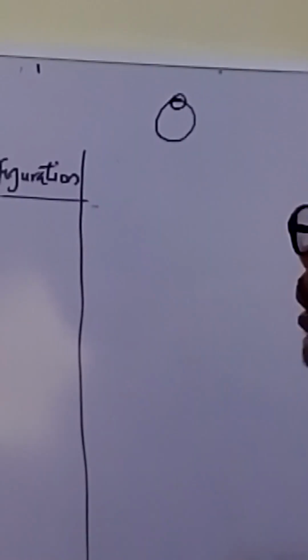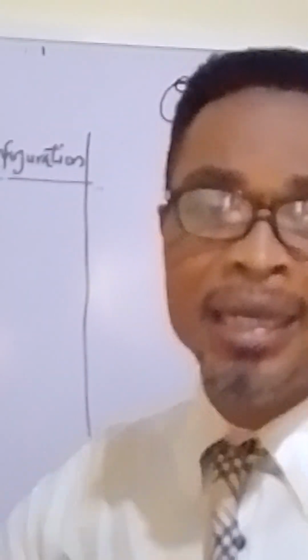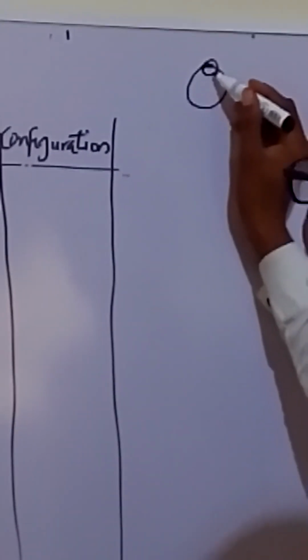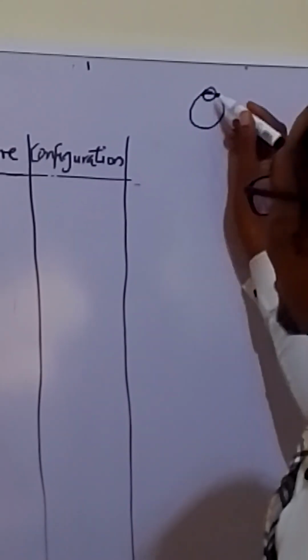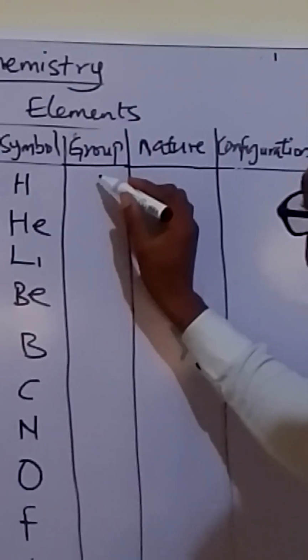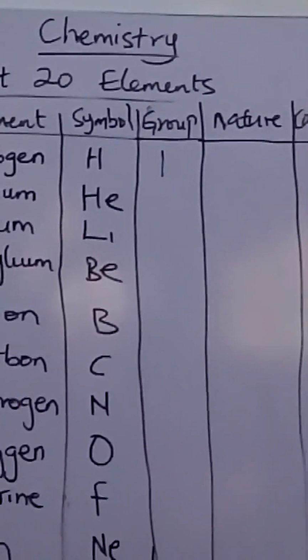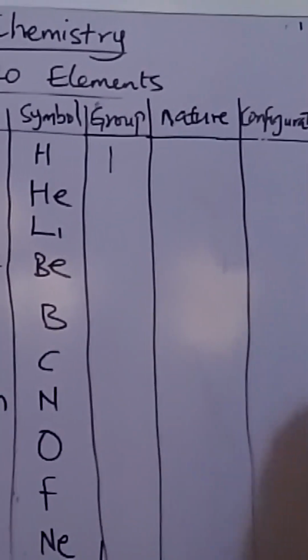The number of electrons an element has in the outermost shell determines the group the element will be in in the periodic table. So since hydrogen has only 1, it means that hydrogen is expected to be in group 1. And what is the nature of hydrogen?